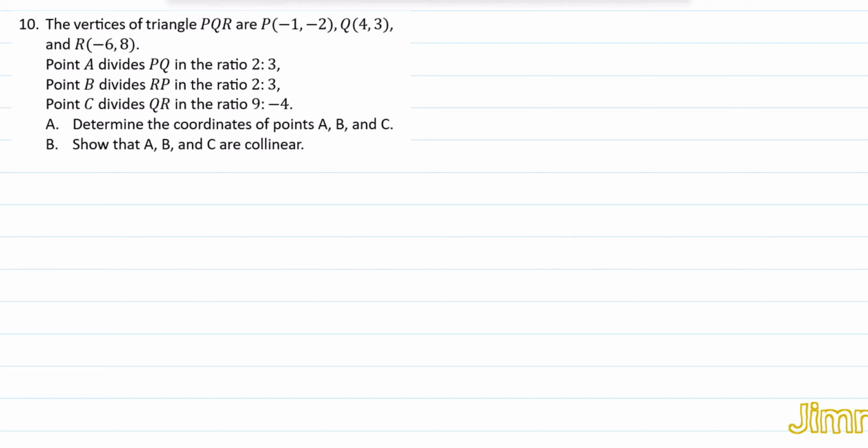Next is question 10. For question 10, point A divides PQ in the ratio of 2 to 3. So this one is P, this one is Q, this one is A, 2 to 3.